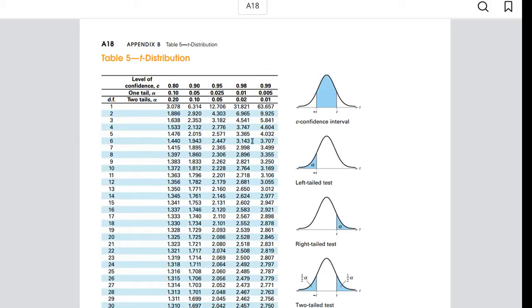So 0.10 here, down to 25 degrees of freedom here. And so my critical value is 1.708. Being that it's two-tailed, it will be a negative 1.708 for the left end boundary and a positive 1.708 for the right end boundary.